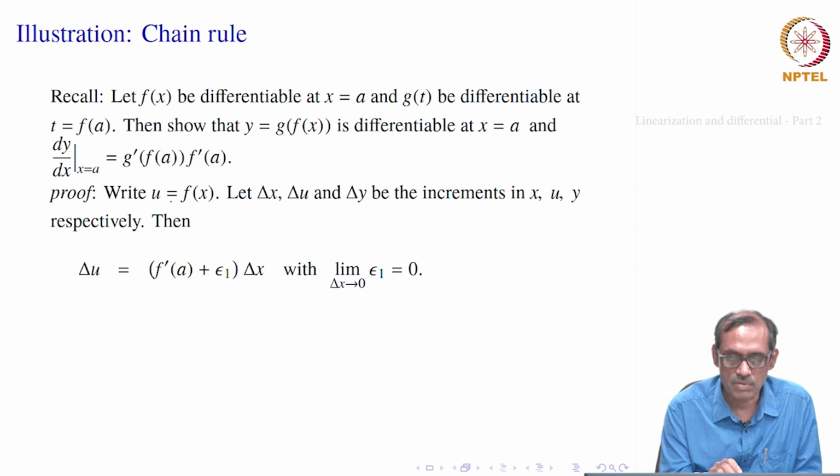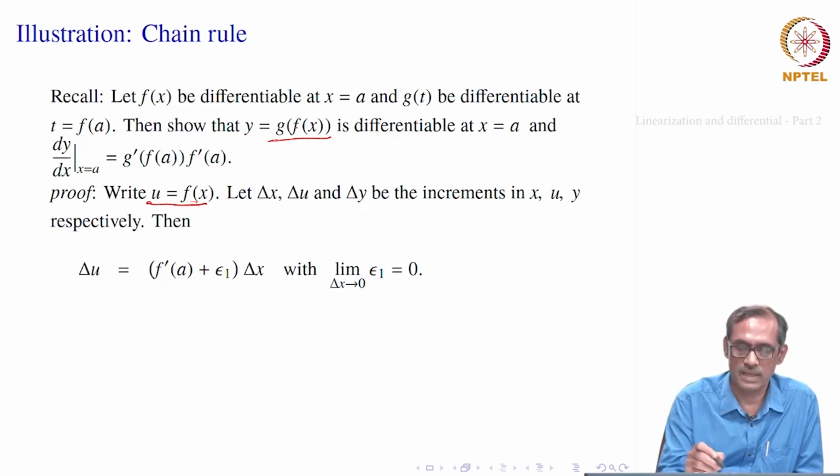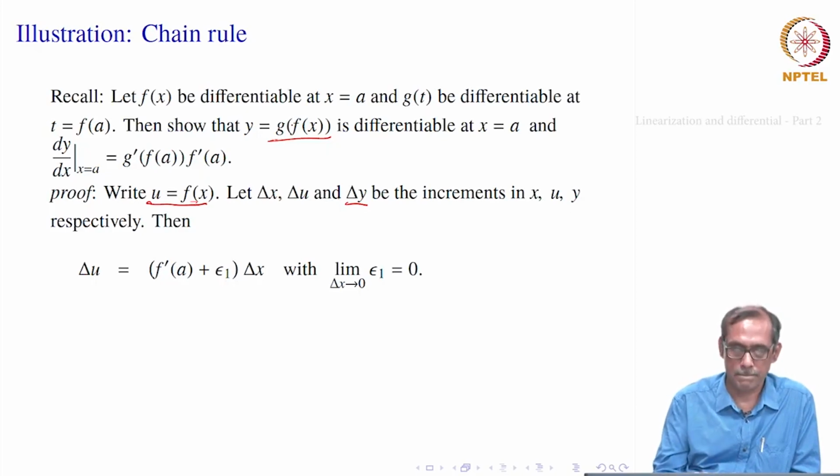You write u equal to f of x just for notational convenience. Then delta x is the increment in x, delta u is the increment in f at that point a, and delta y is equal to what? That is g of f of x. This is the increment, let us write, in y. Delta y is the increment in y.